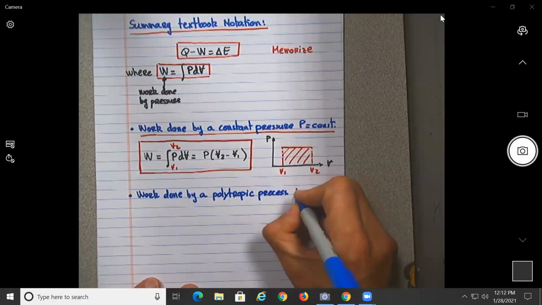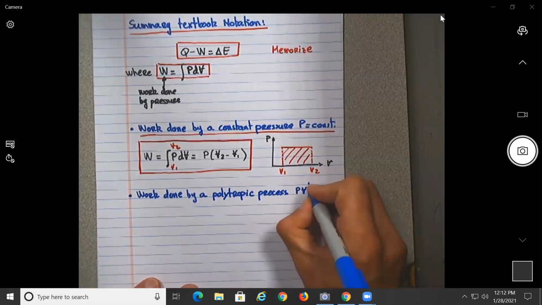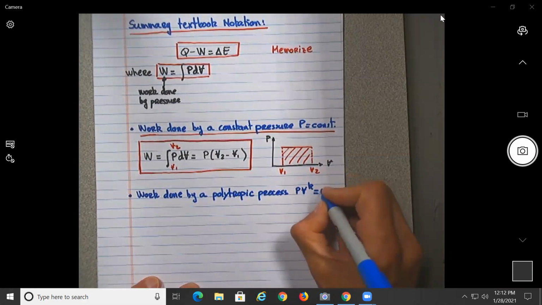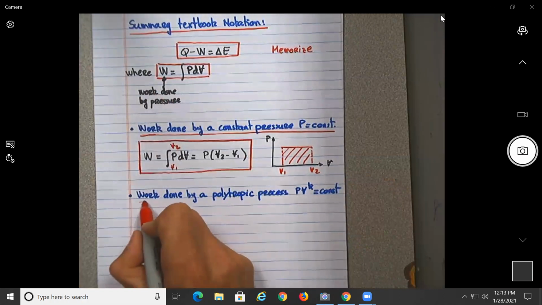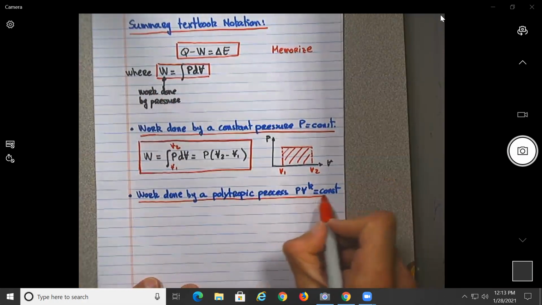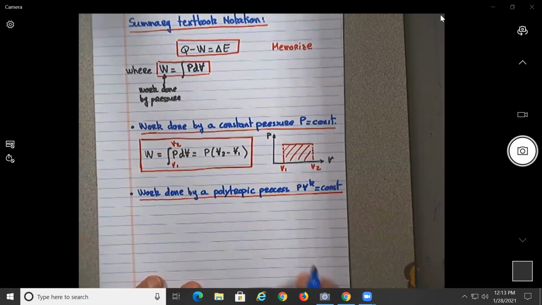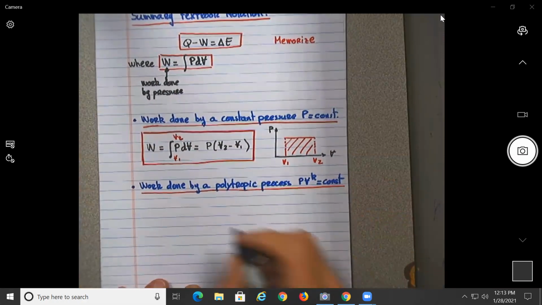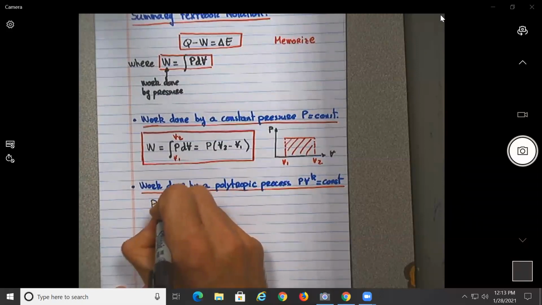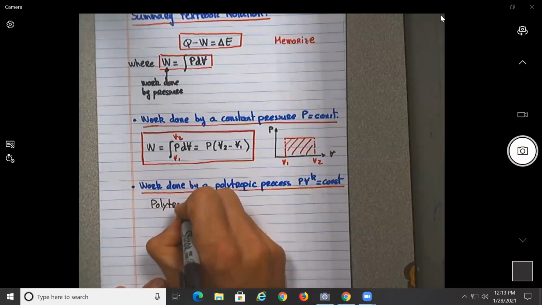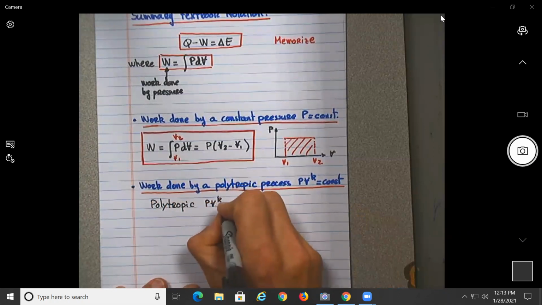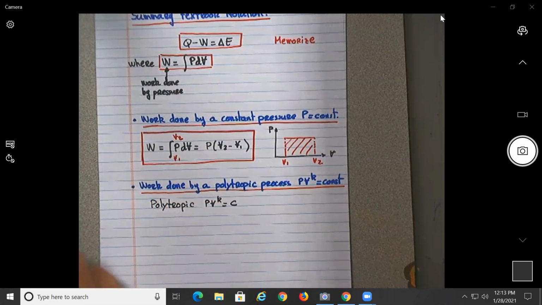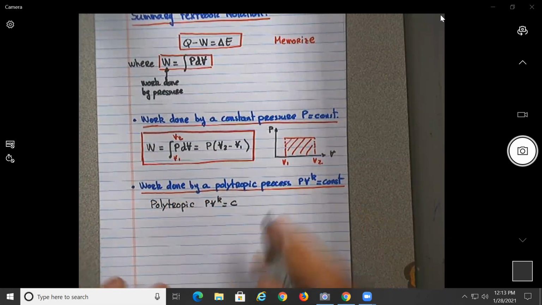Polytropic means that PV to the K is equal to a constant. Okay, so I'm going to write it here, polytropic, since this is new. This may be one equation I'm going to have to memorize again as well. PV to the K equal to a constant, where K here is a gas constant.